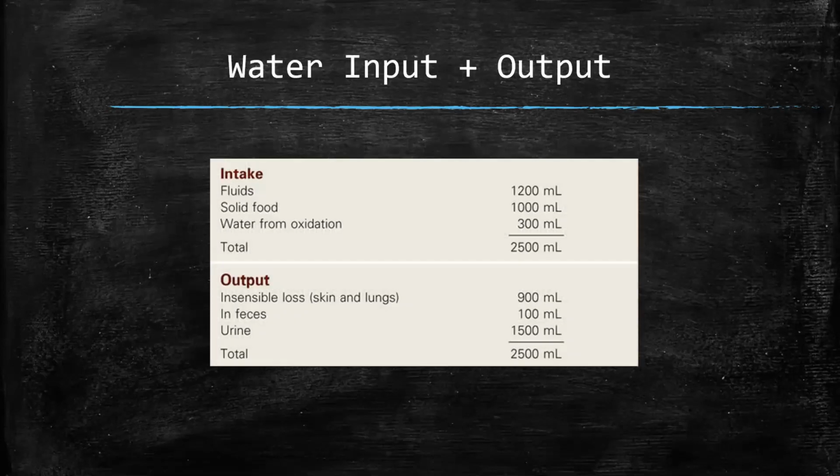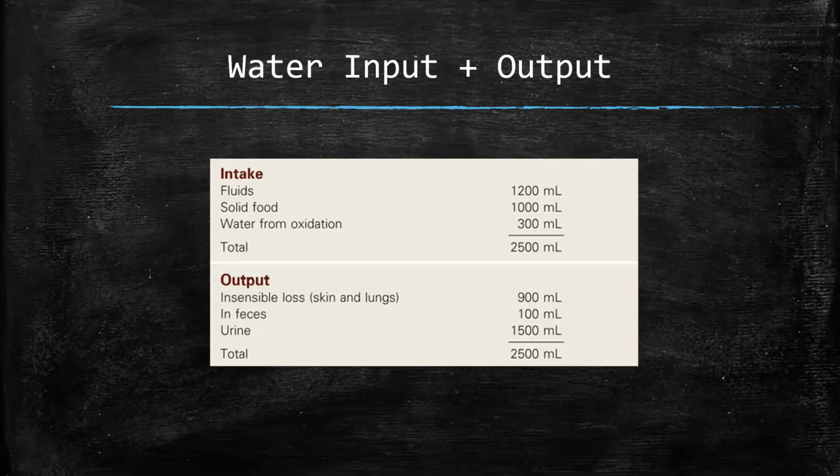All right, let's talk a little bit about the checks, the input and output of water. Normally, we'll get our fluid on a day-to-day basis, clearly from stuff that we drink. That can vary from day to day.